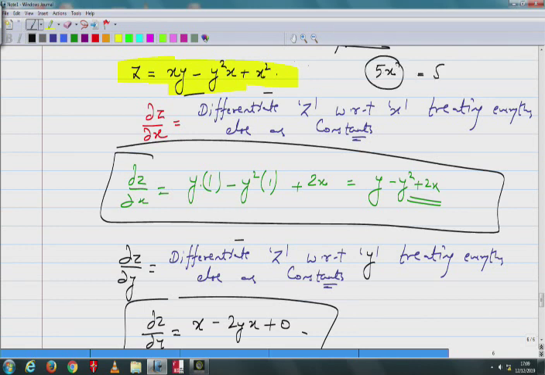It is 5, no? That's what I have done. Don't differentiate 5 itself. For example, when we are differentiating with respect to y, x is constant. The differentiation of x square will be 0 in that case, no?